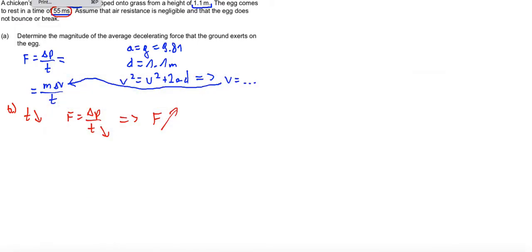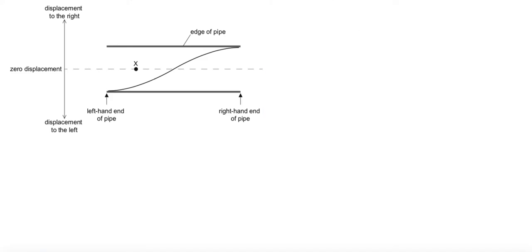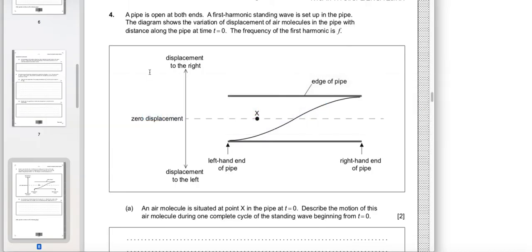This is an air molecule, so it is a longitudinal wave. In the case of a longitudinal wave, this air molecule at x travels from left to right. Again, the air molecule is situated at x at t equals 0. Describe the motion of the air molecule during one complete cycle of the standing wave beginning from t equals 0. And t equals 0 is here.